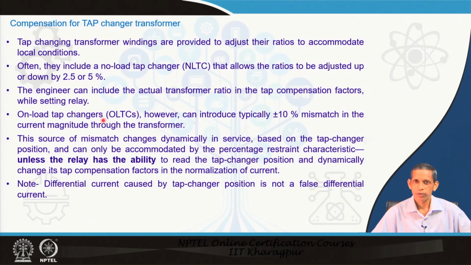Now, numerical relays today have the ability to adapt to the situations, calculate the corresponding tap changing situation, and adjust the normalized calculation including the CT ratio, which can lead to minimization of the corresponding spill current in the system.